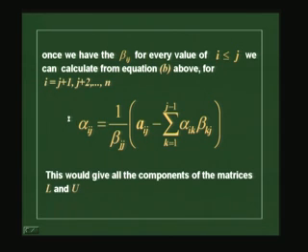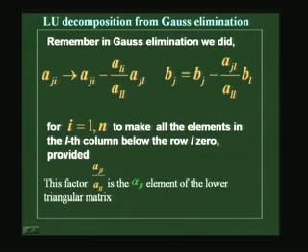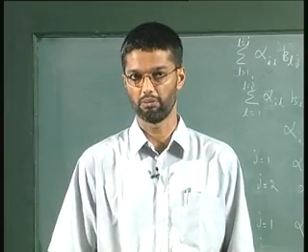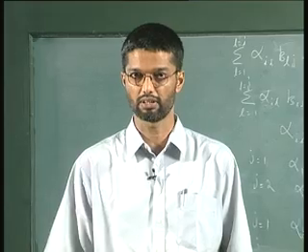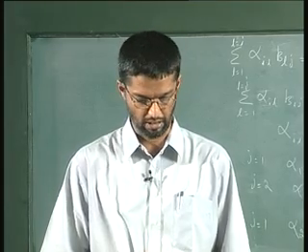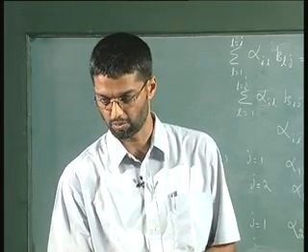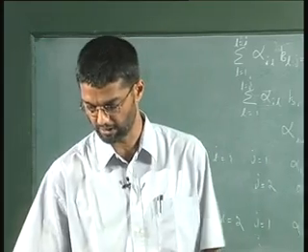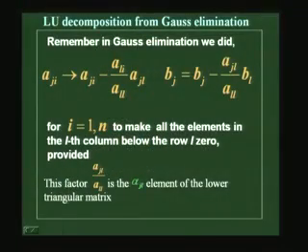So that means that by just using Gauss elimination itself, we could get both the alpha and beta elements, or the L and U matrices. We can see this in a small calculation just now. I will show you that.